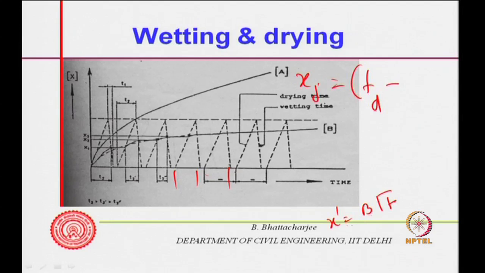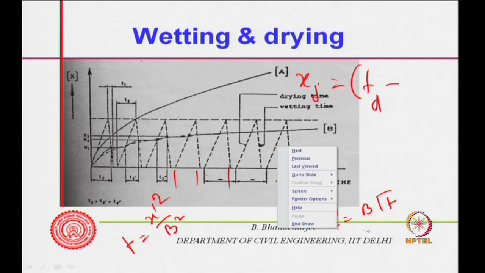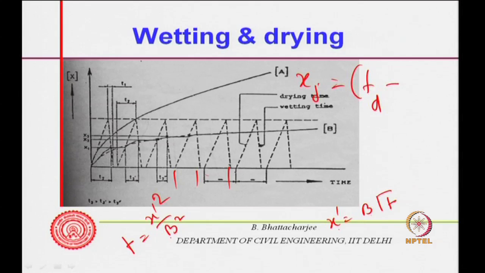So, the unit of B is actually distance or length divided by root over T, that is, length per unit time to the power half. If I square it, T would be x dash square by B square. So, the unit of B is length times T to the power minus half.